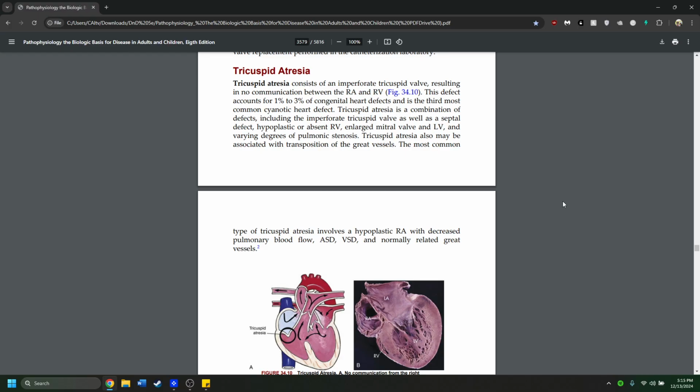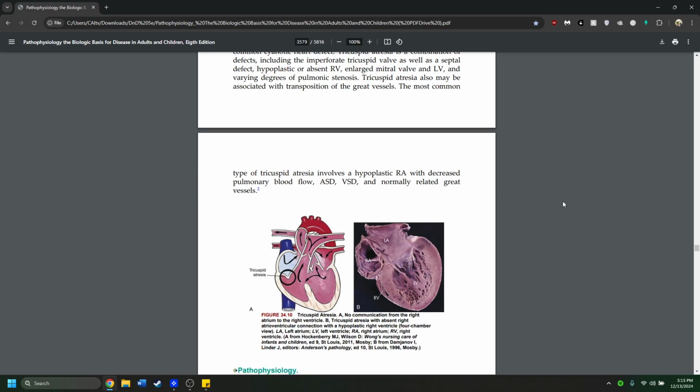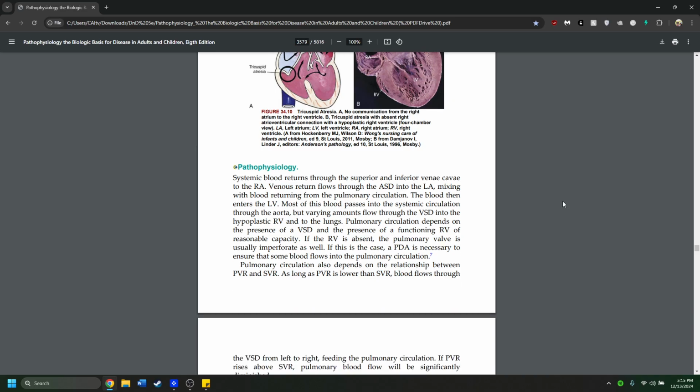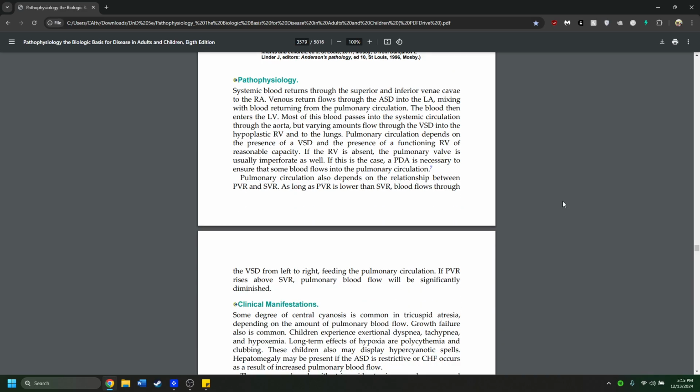The most common type of tricuspid atresia involves a hypoplastic right ventricle with decreased pulmonary blood flow, ASD, VSD, and normally related great vessels. So what is our pathophysiology? Well, systemic blood returns through the superior and inferior vena cava to the right atrium.